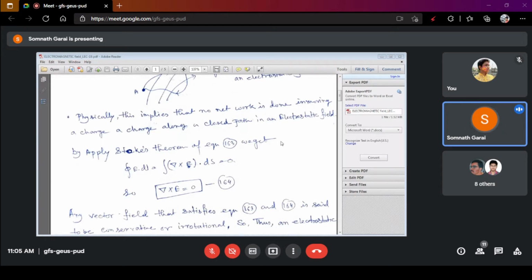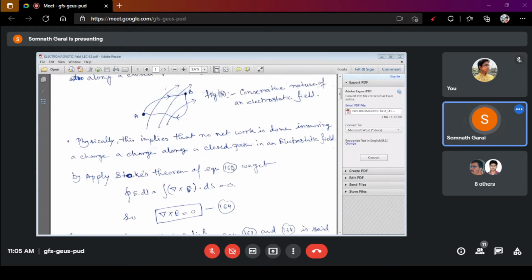In this concept, the Stokes theorem states that the closed line integral of E dot dl is equal to the integral of del cross E dot ds. Now that is equal to 0.